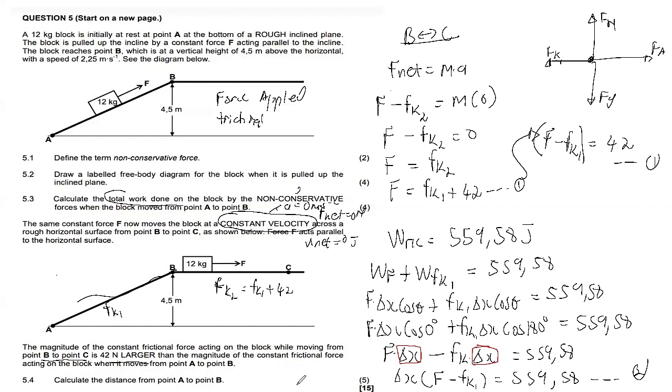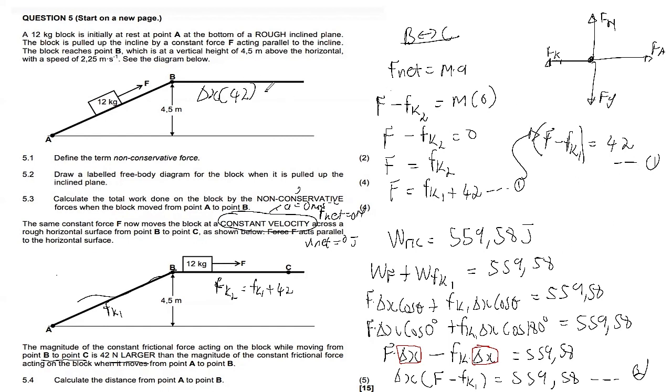right? So allow me to just continue with the solving here. Then we will have delta X. Now remember, we are replacing F minus Fk1, which is what we got in equation number 1, by 42.